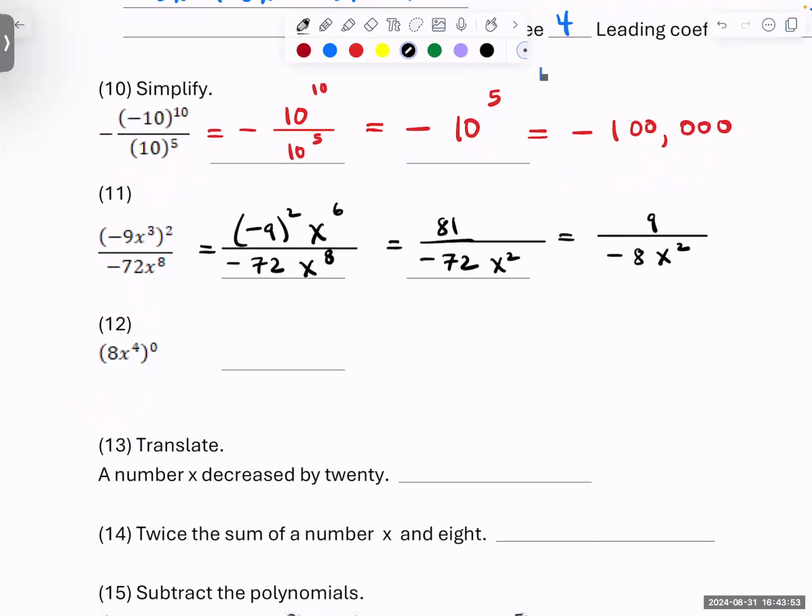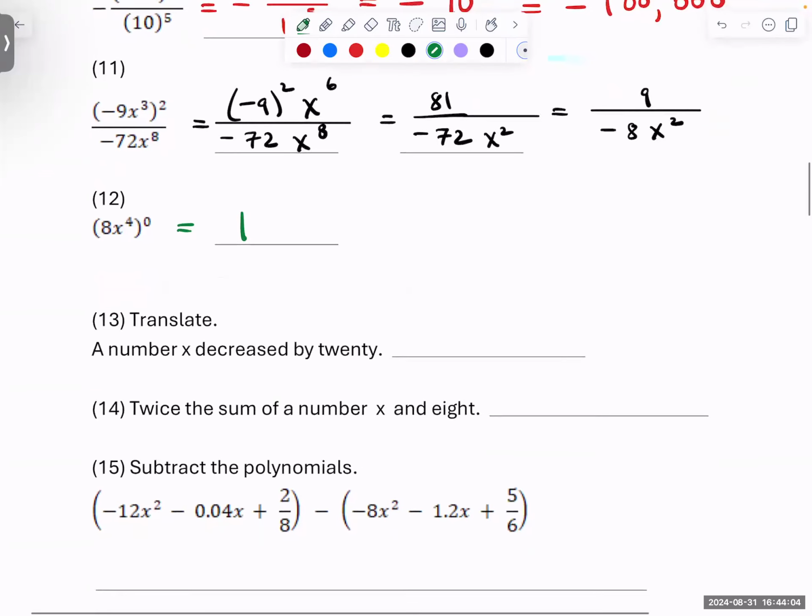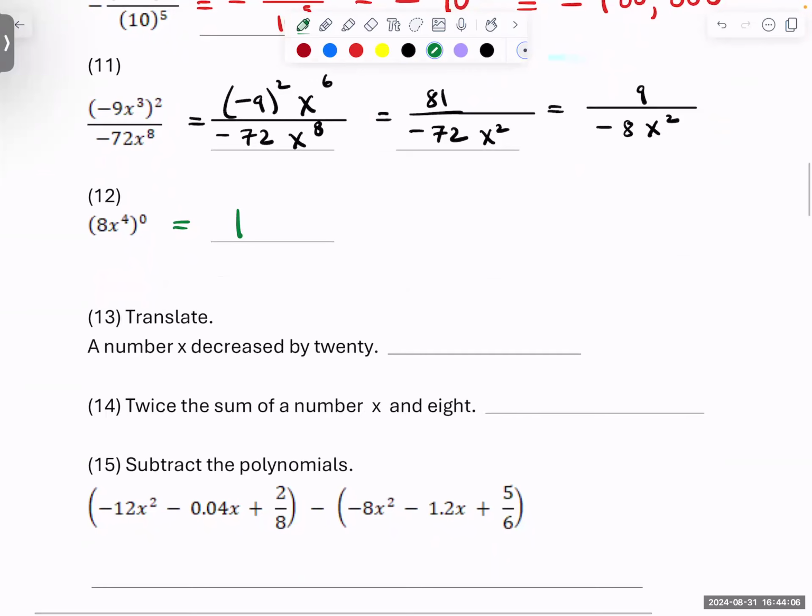Number 12, the zero exponent rule makes this expression equal to 1. 13, translate a number x decreased by 20. So the variable is x.